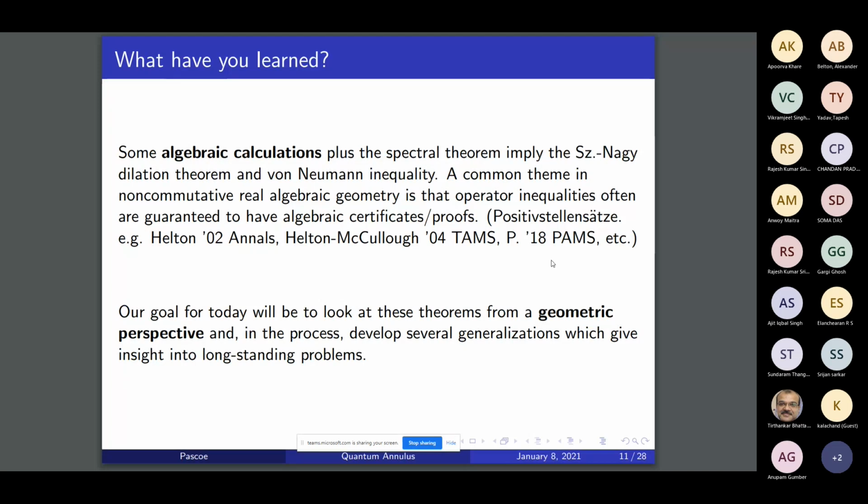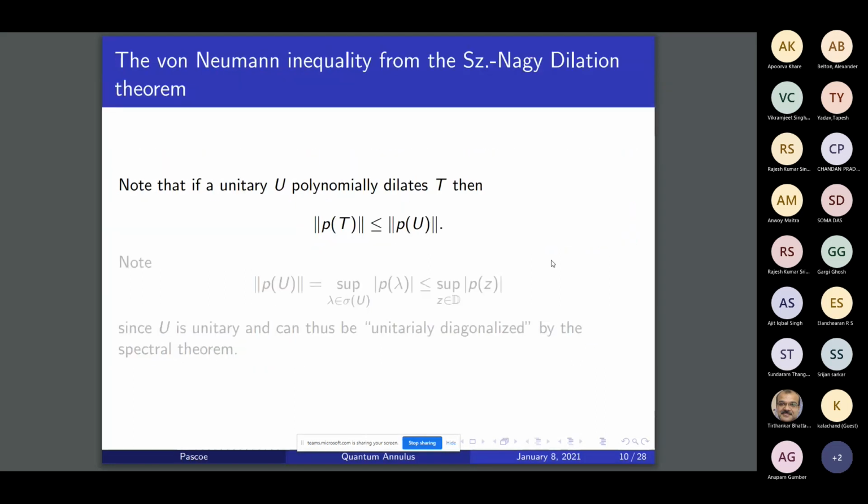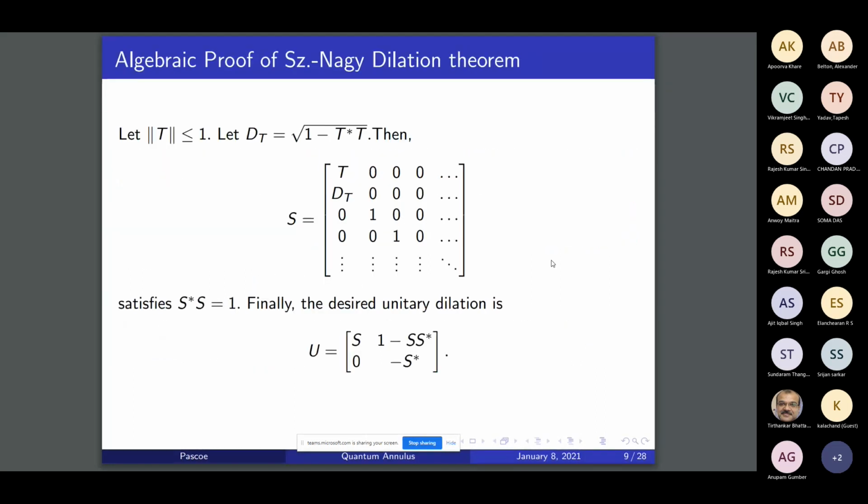But the point is that our goal for today is going to be to look at these theorems, this Sz-Nagy theorem and the von Neumann inequality, from a geometric perspective. And this geometric perspective is going to allow us to develop several generalizations where whatever algebraic formula we might need to write down, if one exists, is opaque or just isn't clear to us.